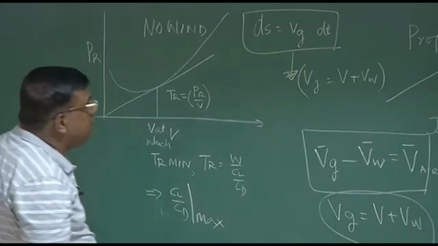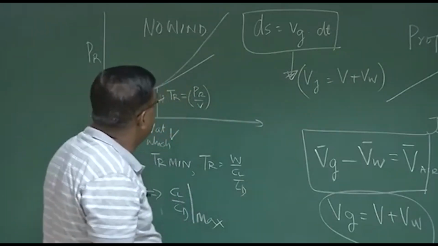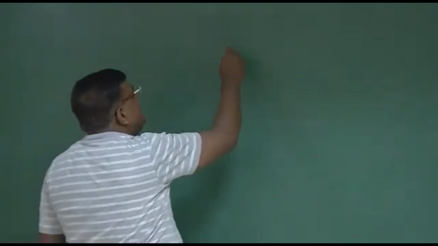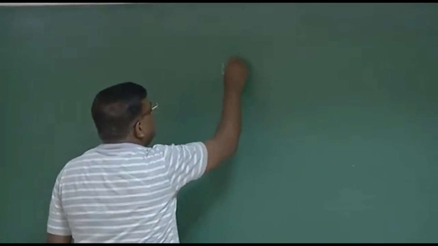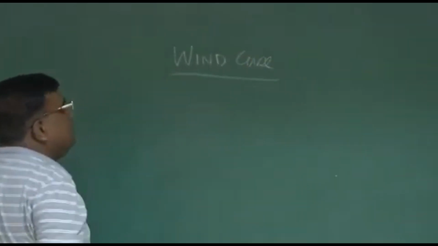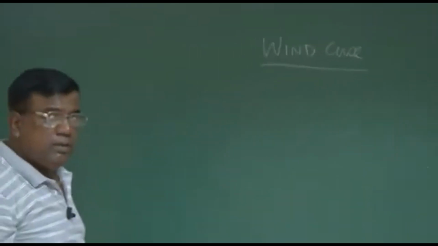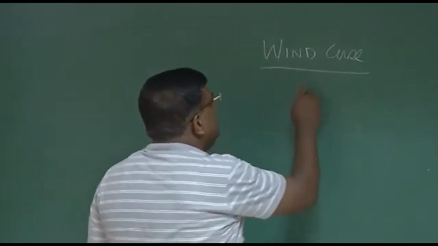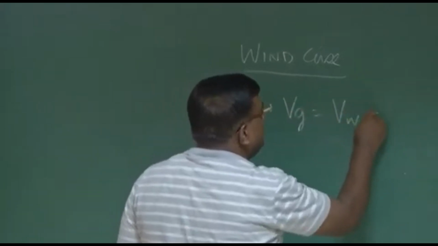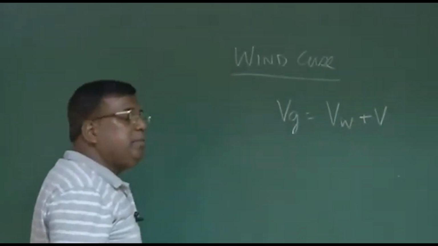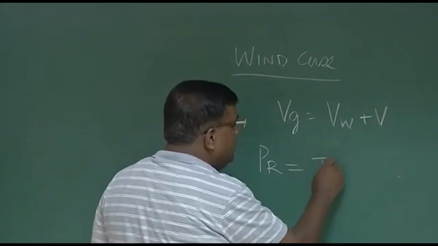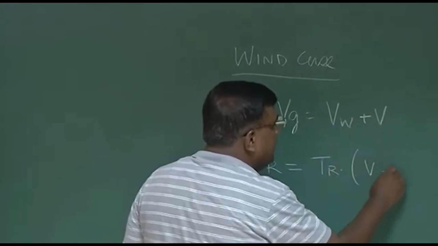But what we are trying to discuss today in our Man Ki Baat session is what happens if there is a wind. So now we are smart, we know for the wind case, that is atmospheric wind case, no more we are assuming the atmosphere is stationary, then Vg is nothing but Vw plus V, where V is the air relative speed, and your power required is thrust required into V plus Vw.